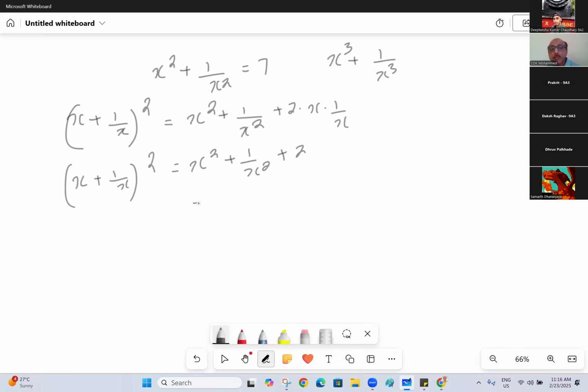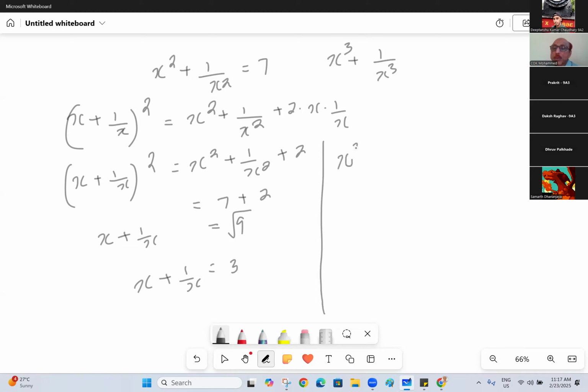Which is equal to 7 plus 2, 9. So x plus 1 by x is equal to square root of 9. x plus 1 by x can be equal to plus or minus 3. Okay. Now, I'll take the plus value.